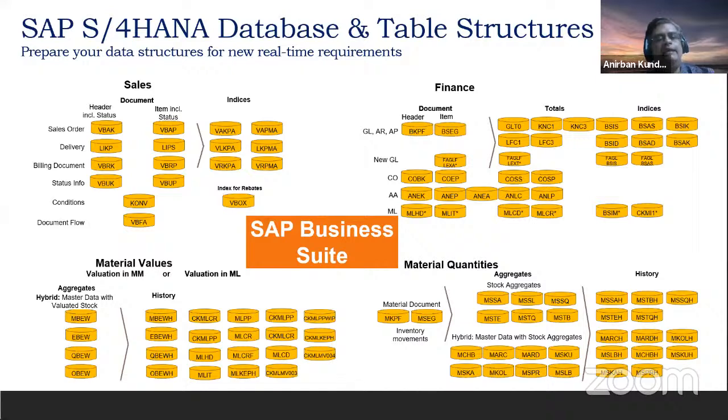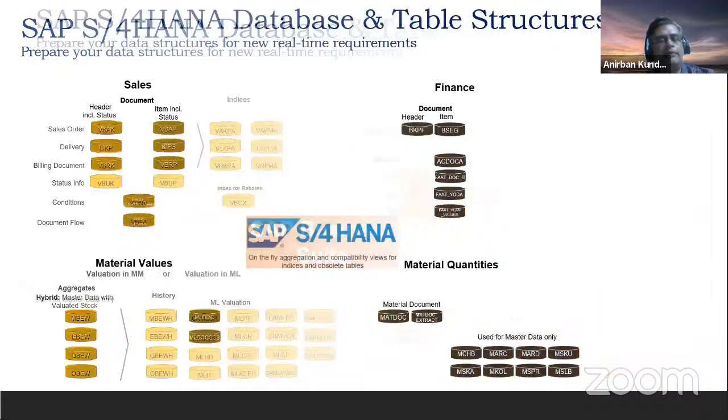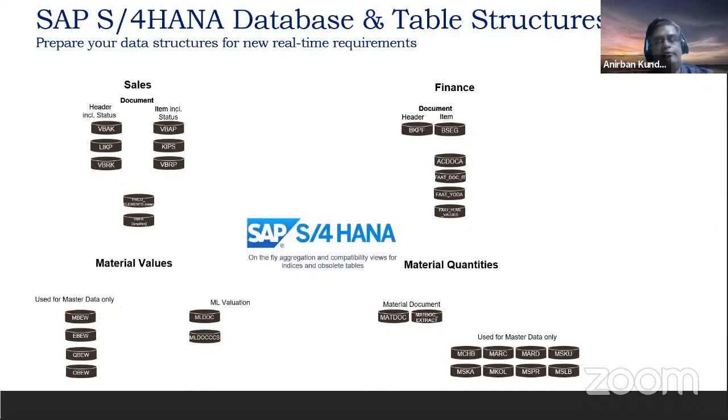When you're talking of analytics, the most important thing is your data models. How do you build the data models? One of the biggest changes, and I have been repeating this for a long time, is that this has a very drastic difference when you move from Business Suite to S4HANA, because the table structures are very different.